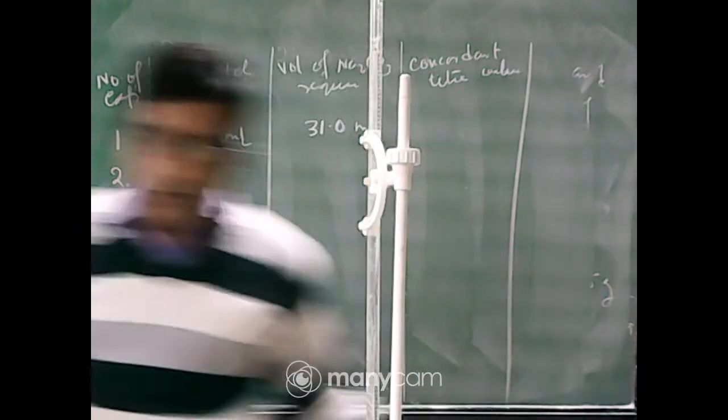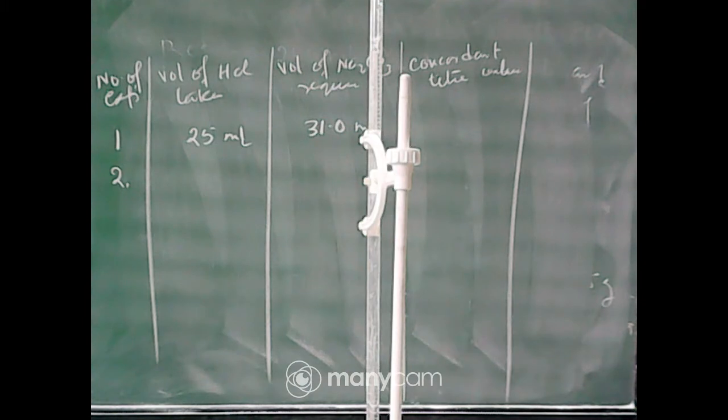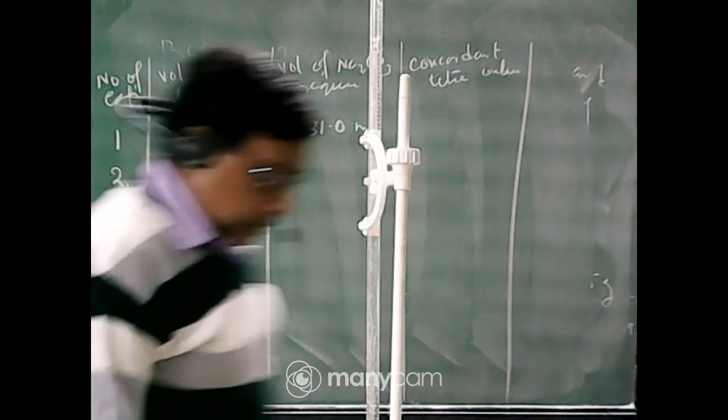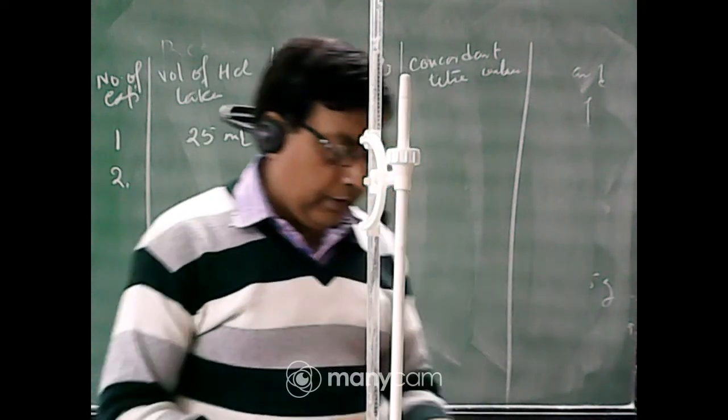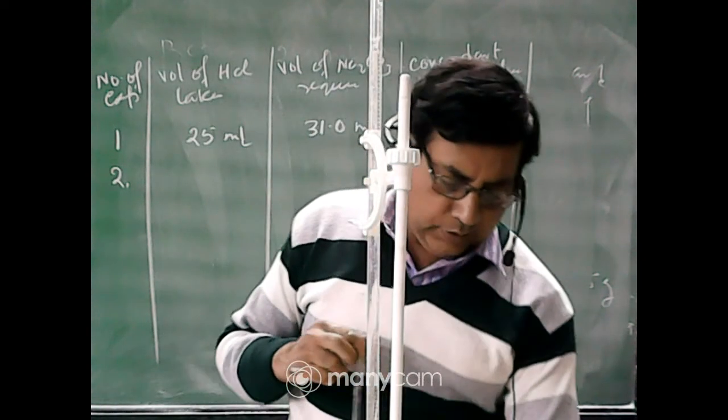Now reject the yellow solution and wash the conical flask thoroughly. Again you take dilute HCl using a pipette.